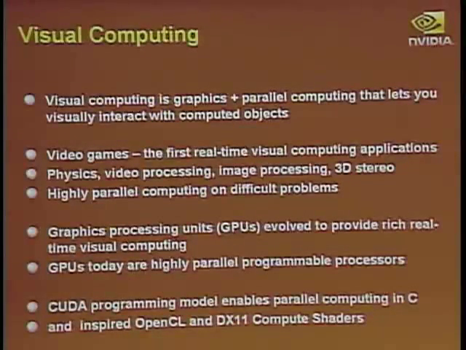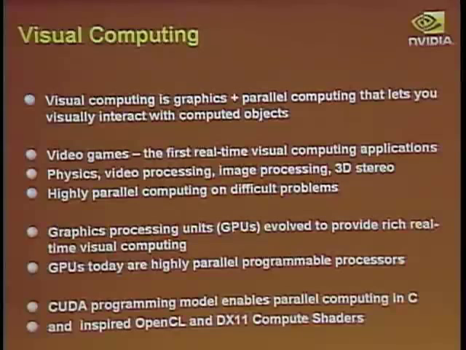We're seeing a convergence, if you will, between computing and graphics and interaction. If you think about what a video game is, it's really a real-time visual computing application. It's the prototype of what we mean by mixing graphics and computing so that you can interact in real time, visually, with things that are computed inside of some piece of hardware.